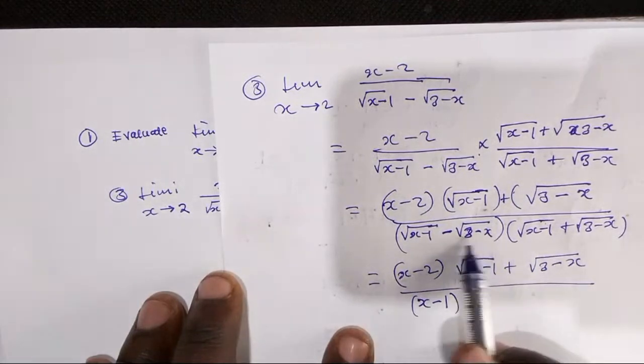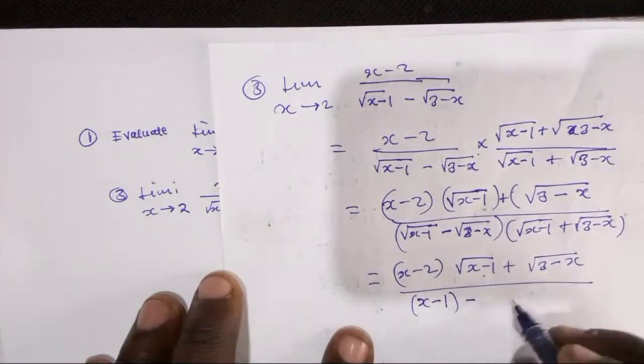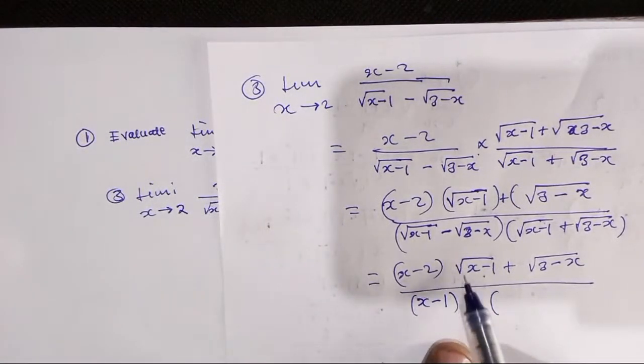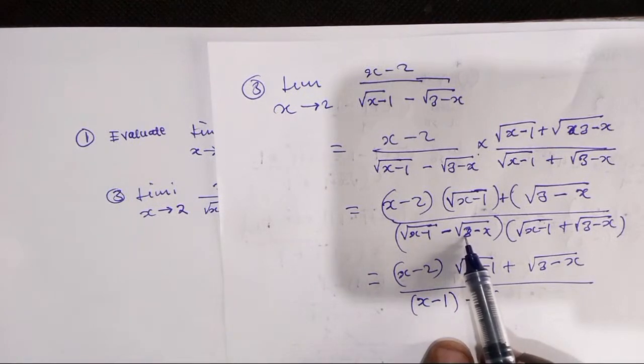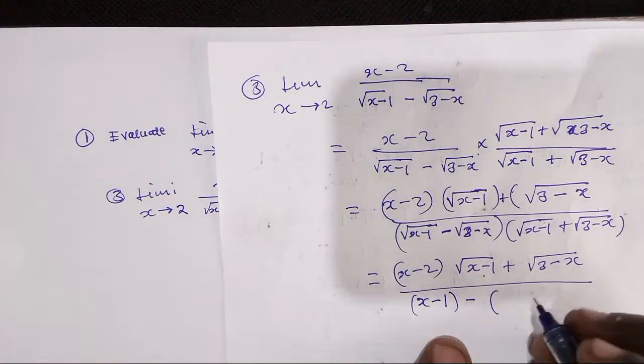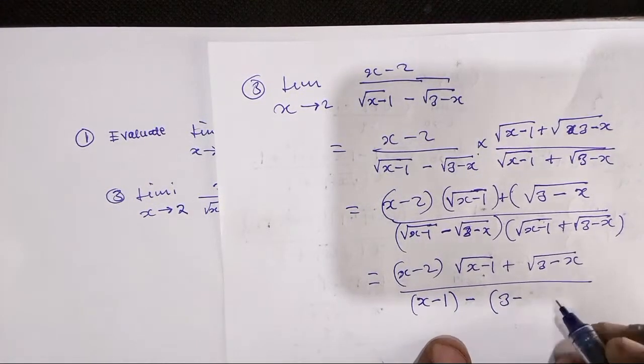Then the second one, you are going to have minus open bracket, root 3 minus x multiplied by root 3 minus x, you are going to have 3 minus x, right?